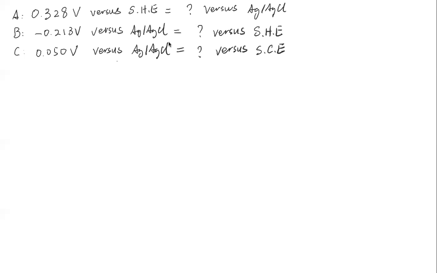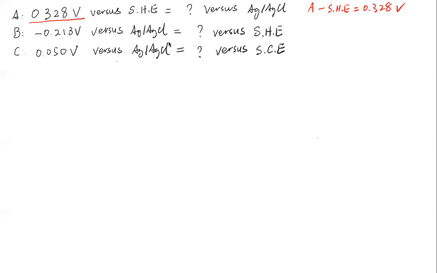Okay, so when we say 0.328 volt versus SHE, it means that the voltage of A minus SHE is 0.328 volts, okay?